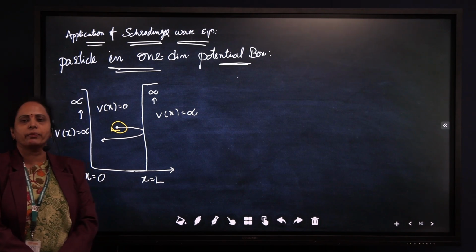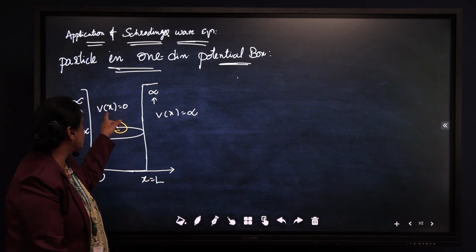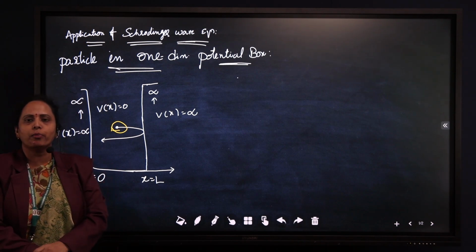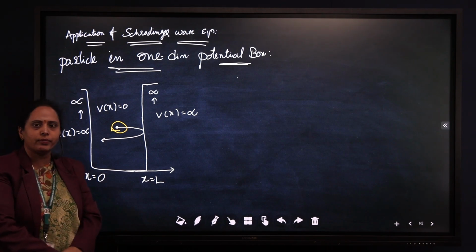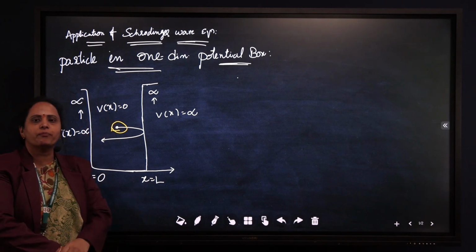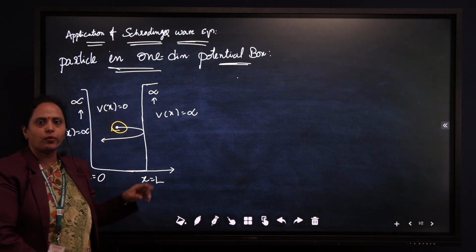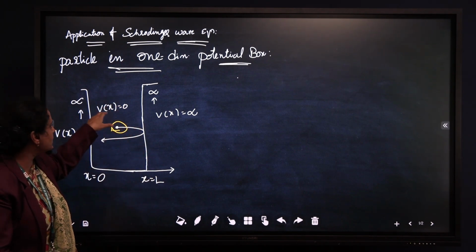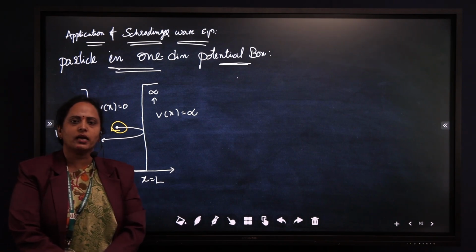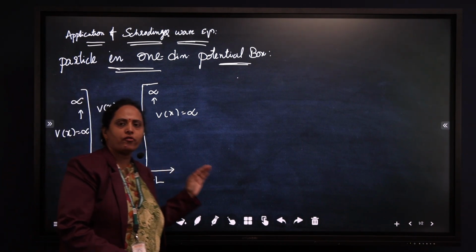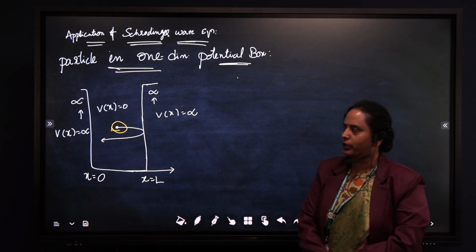For mathematical simplification, let us consider the potential inside the box as 0. That is, a constant potential is applied on the particle, and for simplification this constant potential we consider as 0. That is, inside the box the potential is V of x equals 0. We also consider that this box is very hard and the particle does not at all penetrate out of this box.